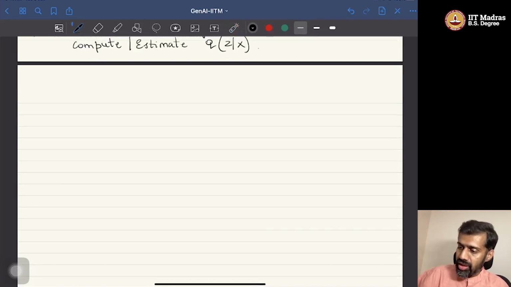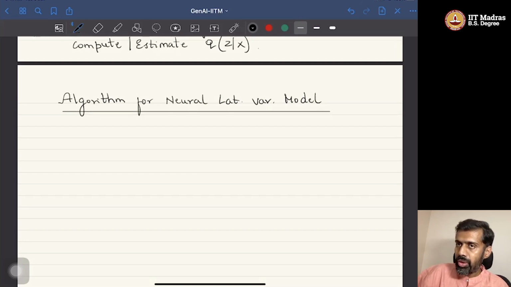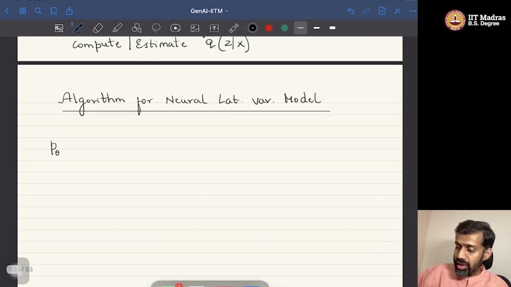Okay, so algorithm for a neural latent variable model. Let us start from the definition of the latent variable model.